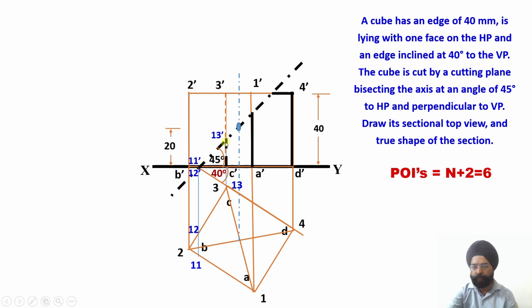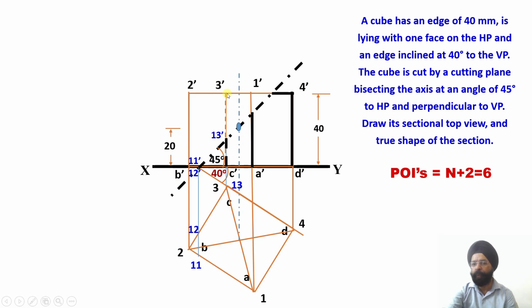Now if I bring this point down from 13 dash, wherever it intersects with this vertical projector of 3C, it is a point view basically, because this vertical edge is perpendicular to the horizontal plane. So even if one more point is located on this perpendicular, this is nothing but a straight line.